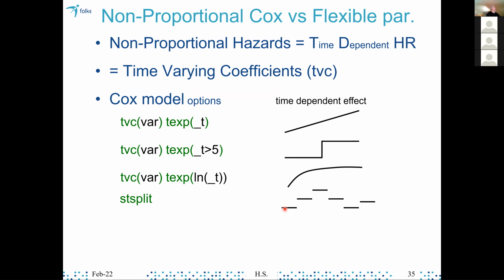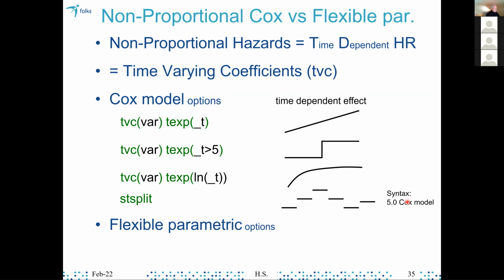And this is the estimated hazard ratio for the first segment, this for the second, and so on. Now, doing an st-split, of course, means that you increase the size of your data by 5 or 6 or 10 times, and may be a bit problematic to use for very large data sets. I'm showing you the syntax here under the Cox model.